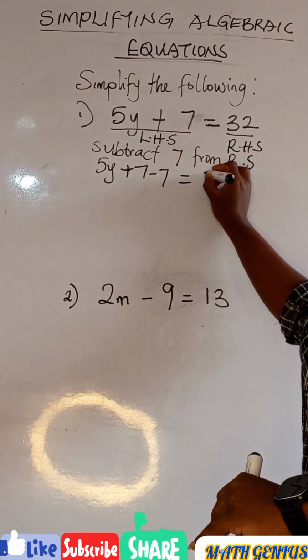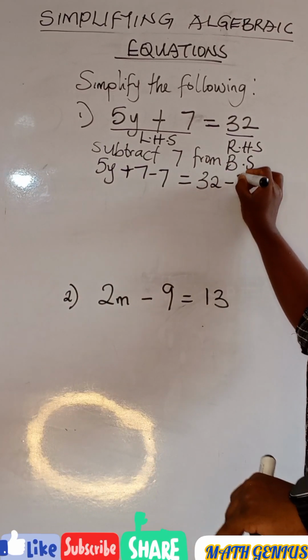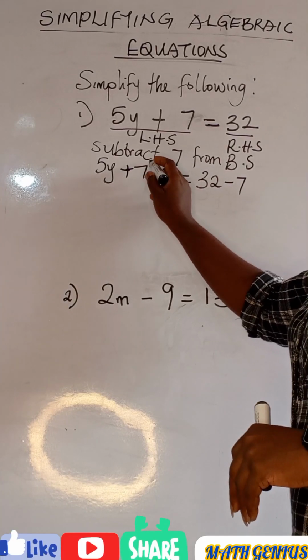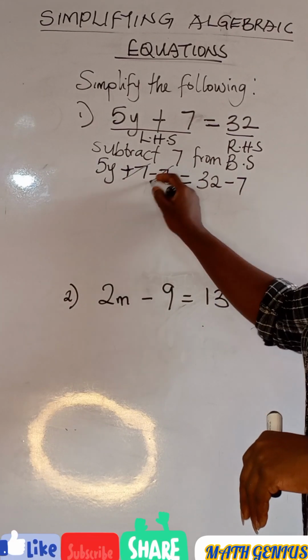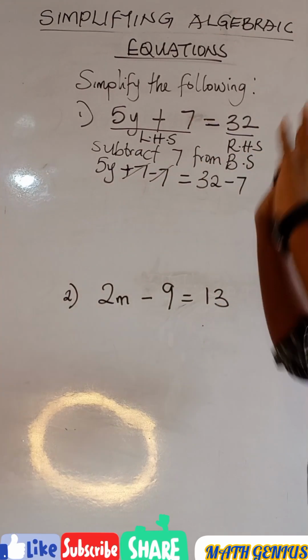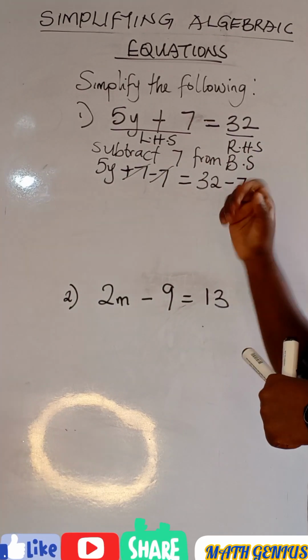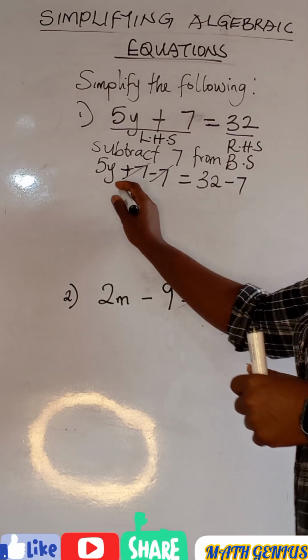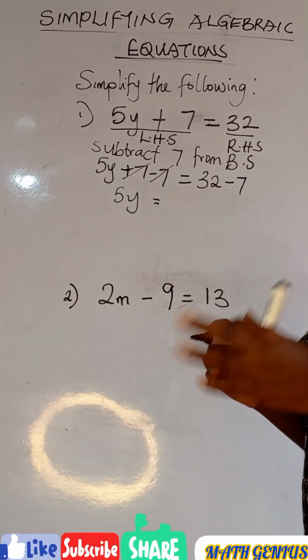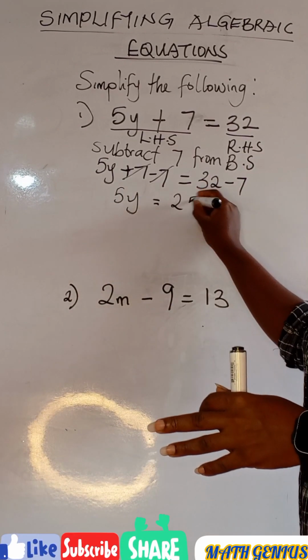Go to the right-hand side, 32 minus 7. Right-hand side settled. Now, of course, positive 7, negative 7 gives us 0. 7 minus 7 is 0. So we are left with 5y equals 32 minus 7, which is 25.